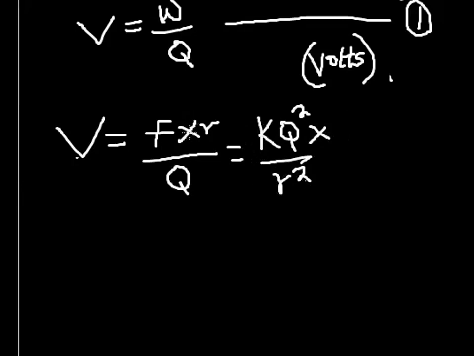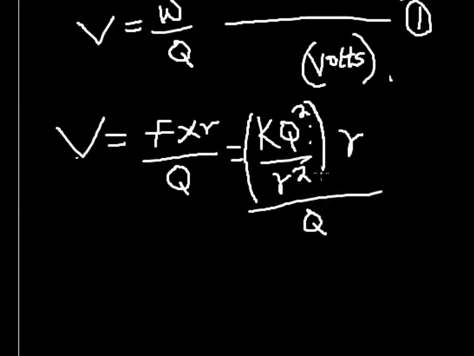Then don't forget that the force is being multiplied by R, and then all is divided by Q. You know already the whole of this is force. Let me separate it so that you know what I'm doing. Force times distance divided by charge.